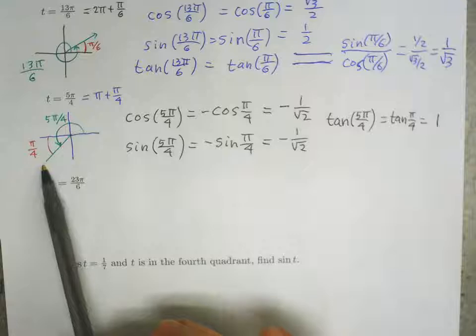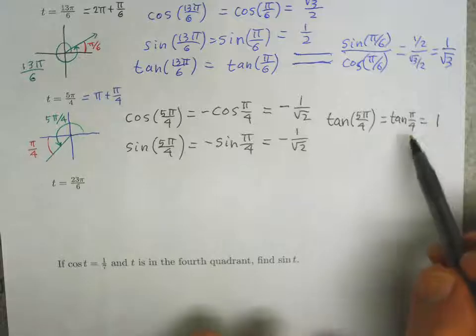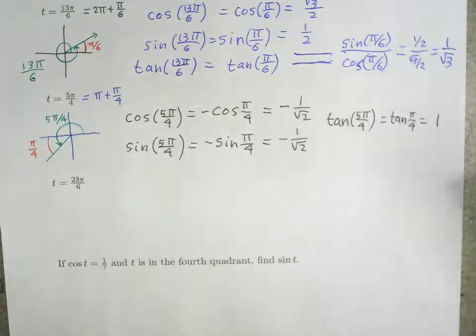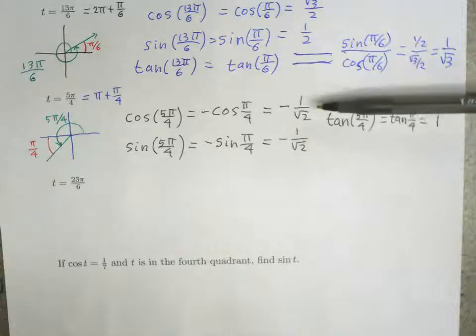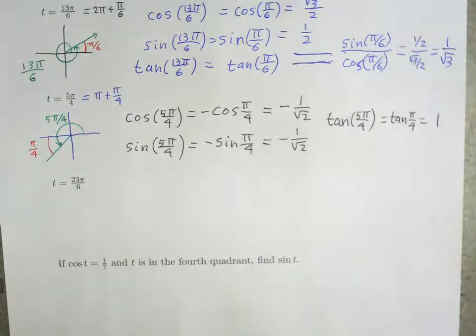Tangent is positive in the third quadrant. If you remember, tangent of an angle is equal to the sine of the angle divided by the cosine of the angle. So if we divide sine by cosine, a negative divided by a negative is equal to positive 1 in this case.